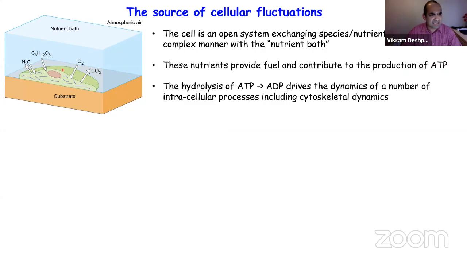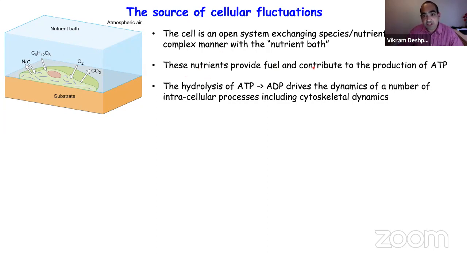The real thing to understand is that if you take this cell, I can't really just look at the cell on its own. I have to look at it in this thing called a nutrient bath. That's the only way to keep it alive. This cell is exchanging glucose and all sorts of other elements with this nutrient bath. So it's an open system that's exchanging species in a very complex manner with its surroundings.